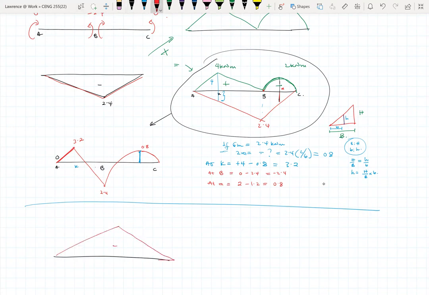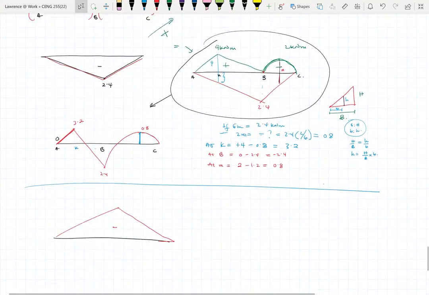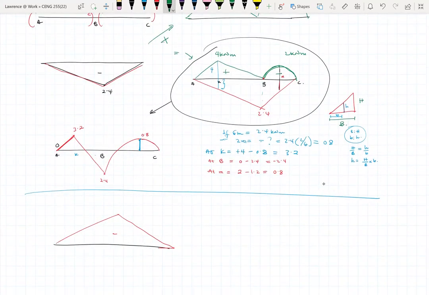This is negative. Then superimpose the positive on it, so I can have the positive this way. Then you shade these places, and that becomes your bending moment diagram.